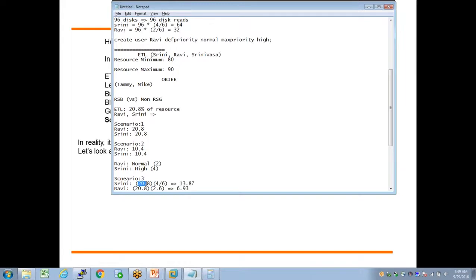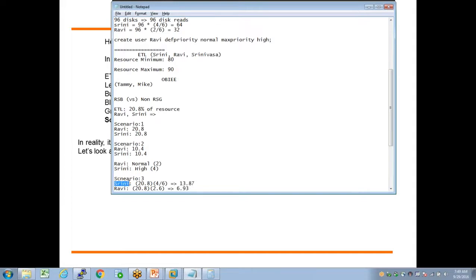At a group level it is fixed. First it is decided at a group level, right? Right now 5 groups are active, so how much should each group get. Inside the group, if there is more than one user, how the users will share is again decided based upon user level priority.